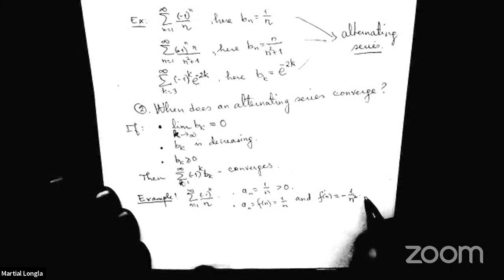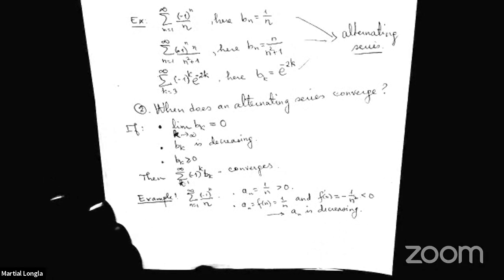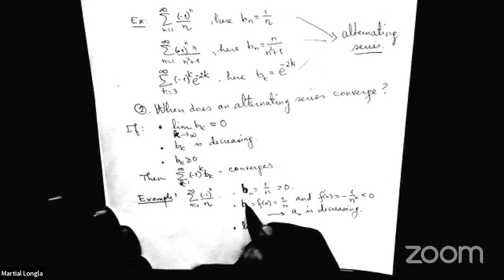The derivative of 1 over x is negative 1 over x squared. And this derivative is negative, which implies that b_n is decreasing. You need to show that. So we are good on these two. And the limit, and so this is b_n, right? Not a_n, to make sure we keep consistency with the lecture.